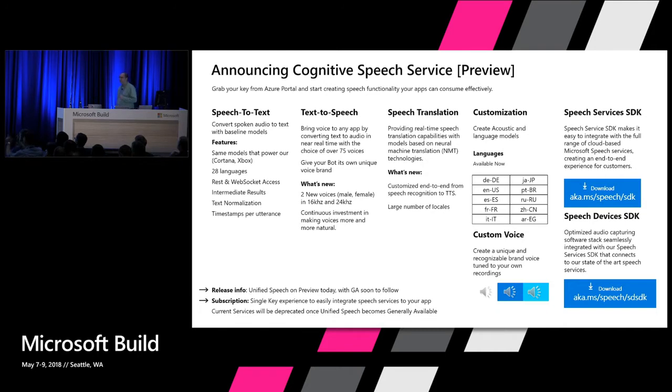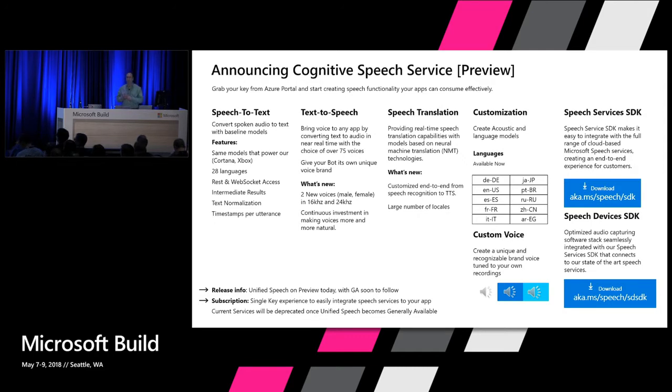So this is what is inside the Cognitive Services Speech box. So you will find speech to text. This is the ability to convert speech to transcriptions. So we're doing quite a lot of work internally on that. You're benefiting from the work we do on Cortana and on Skype.